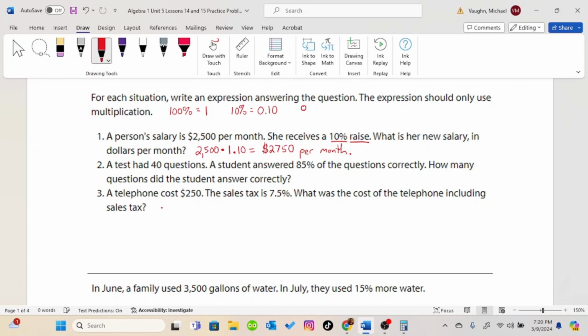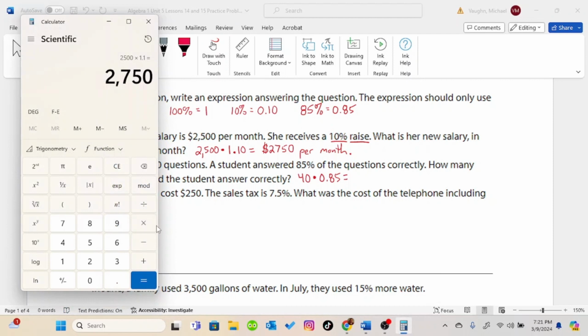So when we're writing 85% as a decimal, that would be 0.85. So to write this expression, we're going to say 40, which is the number of questions, times 0.85 equals 34.